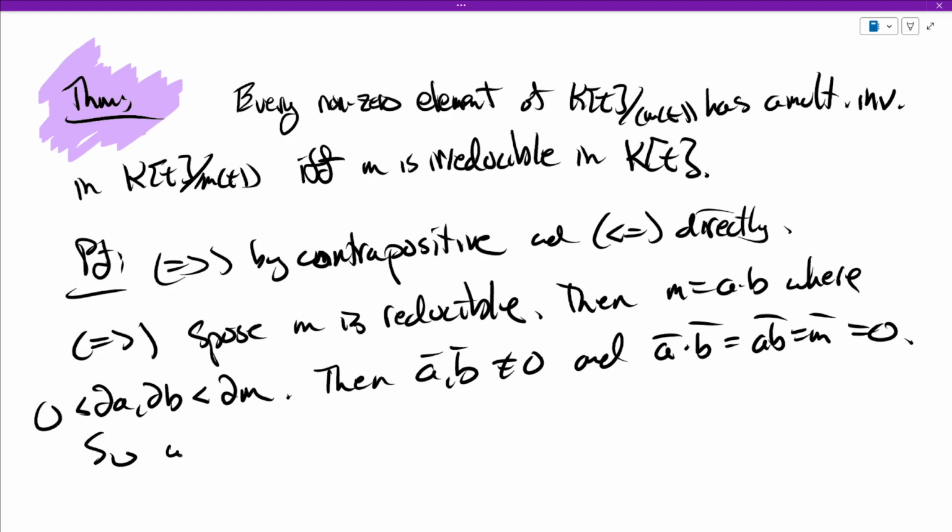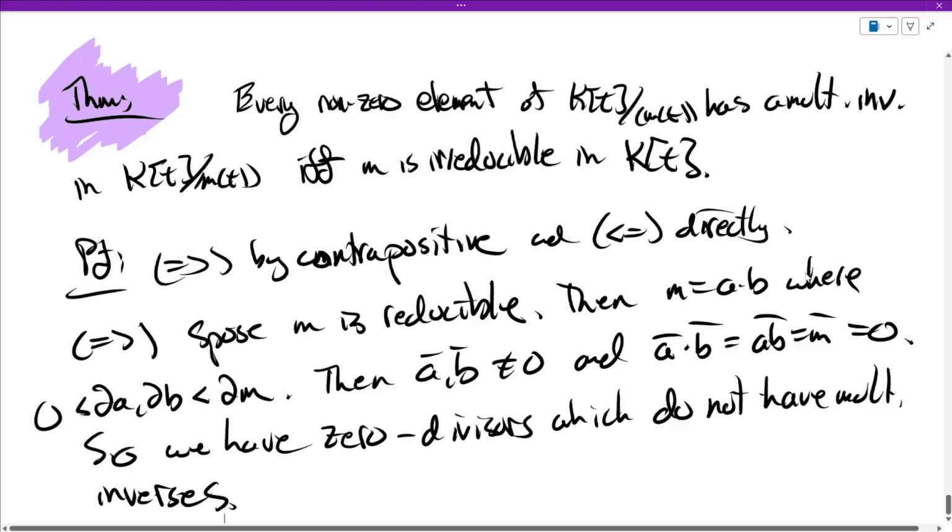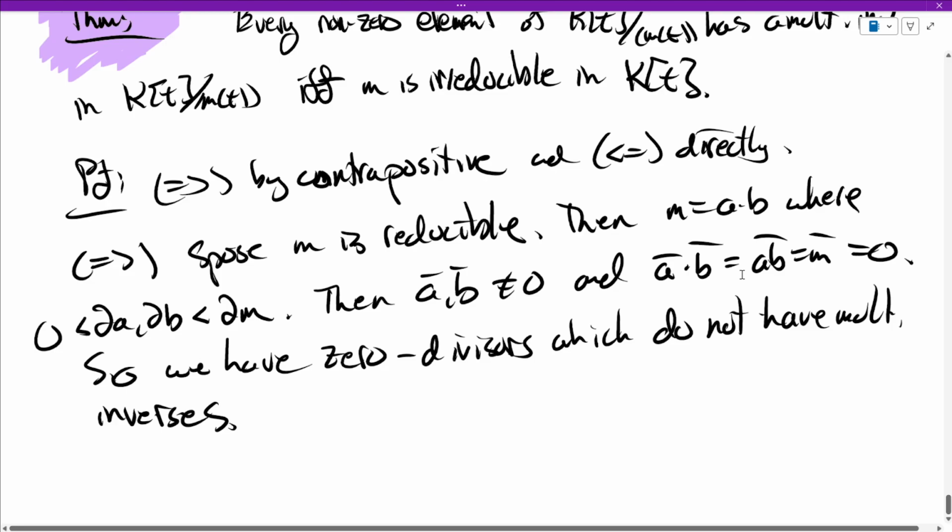So we have zero divisors, which are non-units, which do not have multiplicative inverses. Ever. They never have multiplicative inverses, because they go into 0, so you can't create one from it.